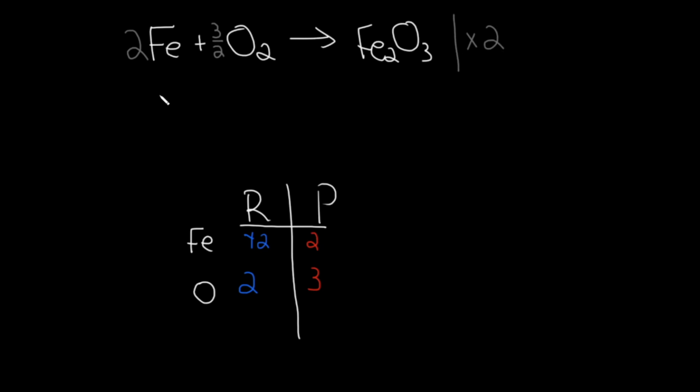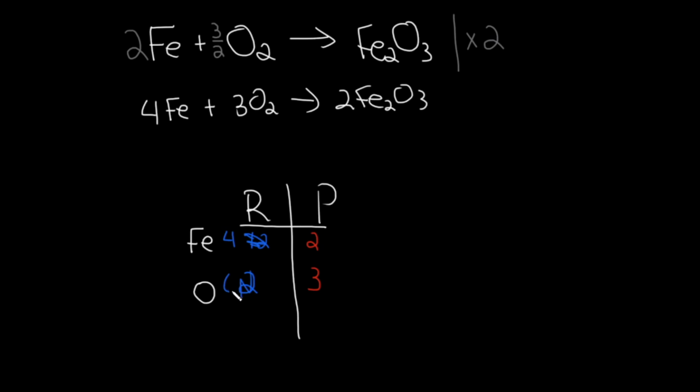This way, if we rewrite the equation, we get the coefficients to become 4, 3, and 2. If we count up now, we see that we have 4 iron and 6 oxygen on the reactant side, and 4 iron and 6 oxygen on the product side as well, which makes the reaction balanced.